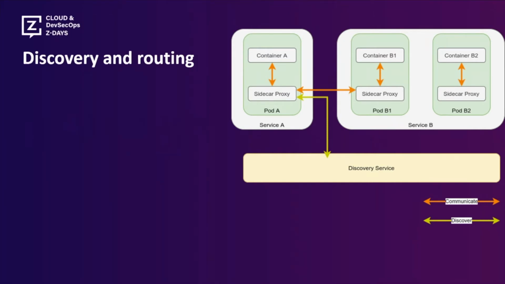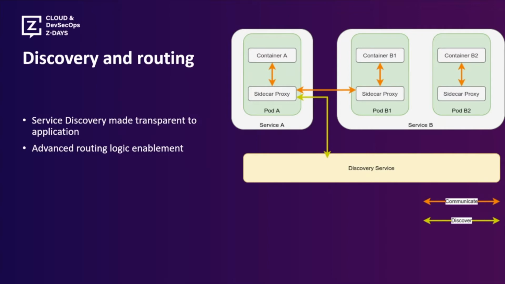And again, by putting that sidecar proxy between your application and the rest of the world, you can outsource that functionality that will be transparent to your application. So your application just asks, send this request to service B, right? And it's just done, transparent for your application.